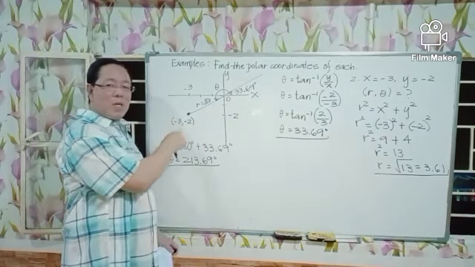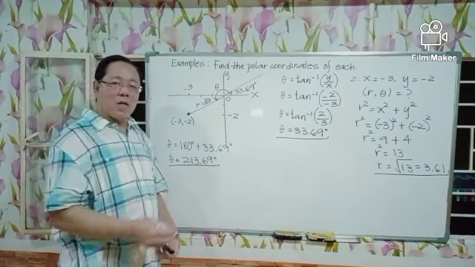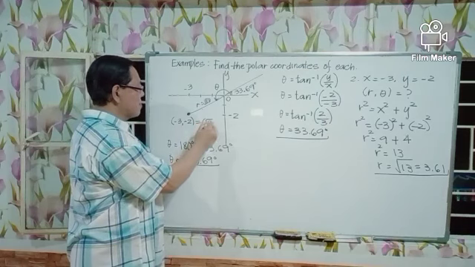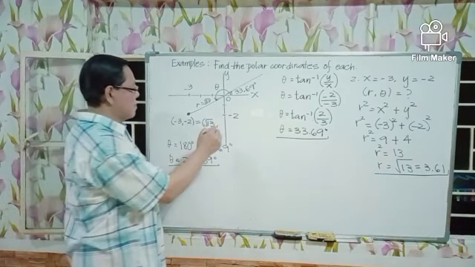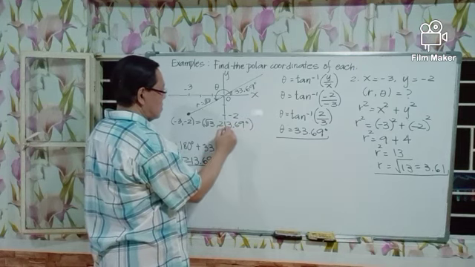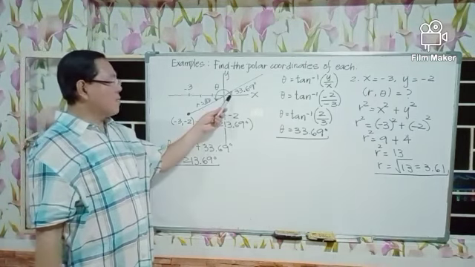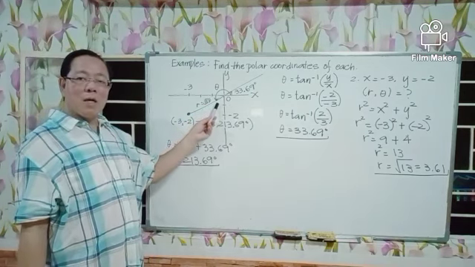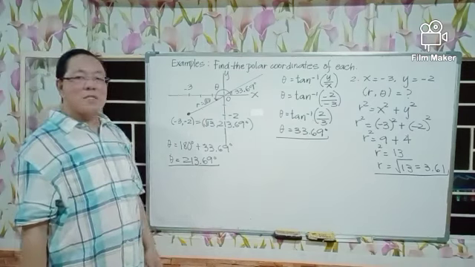Hence, this point with Cartesian coordinates -3, -2 has polar coordinates equal to r square root of 13, and the angular coordinate is 213.69 degrees. 213.69 degrees is the measure of the angle from the positive x-axis up to this point on the ray opposite the terminal side of the angle 33.69 degrees.